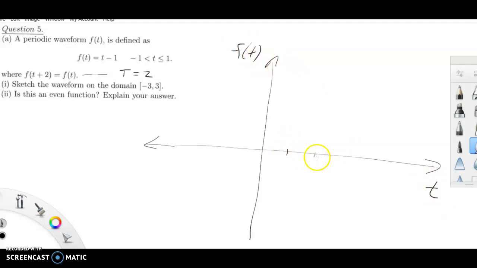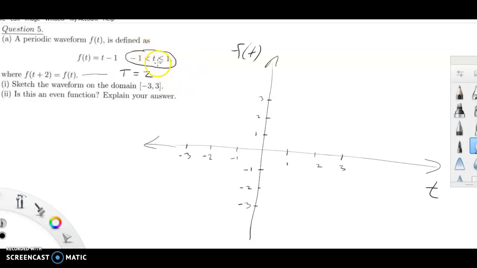And 1, 2, 3, minus 1, minus 2, minus 3. We could go the same on the y or the vertical axis, 1, 2, and 3. Now we're focusing on this guy here, right?